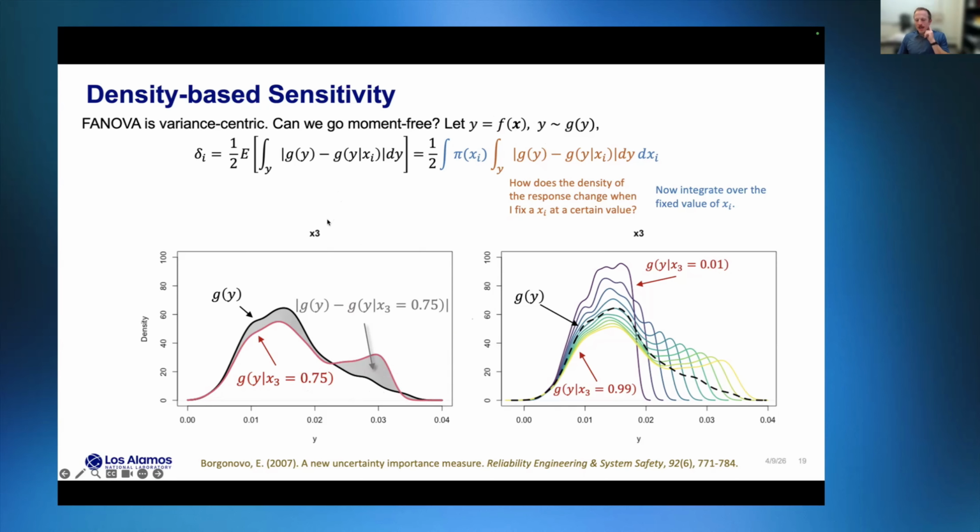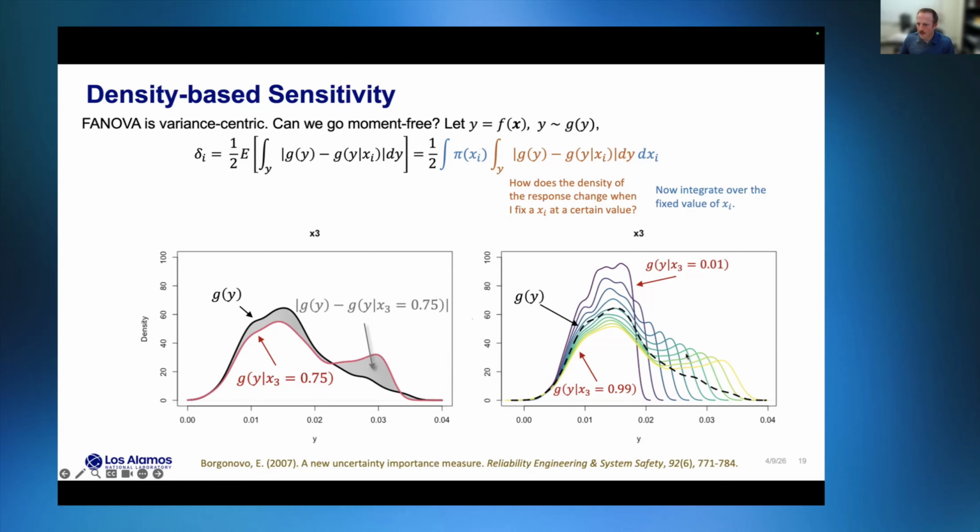And so the notion of this metric is to get the difference between this, and that's this integral right here, the gray area, this inner integral, and then to take the expectation over different values of x. Just to give you a sense of what that looks like for x3, I've fixed it at 0.75 here.